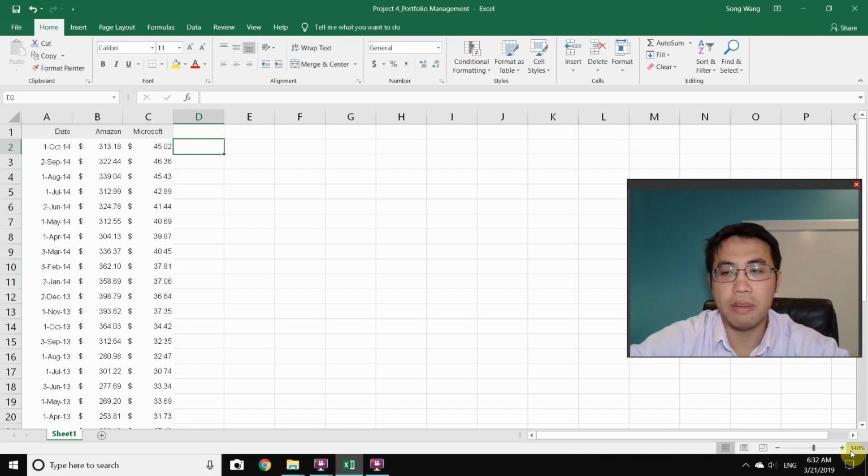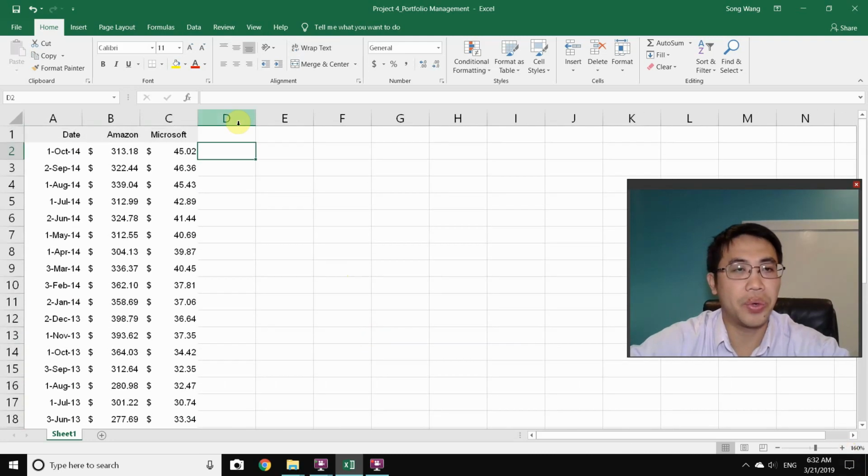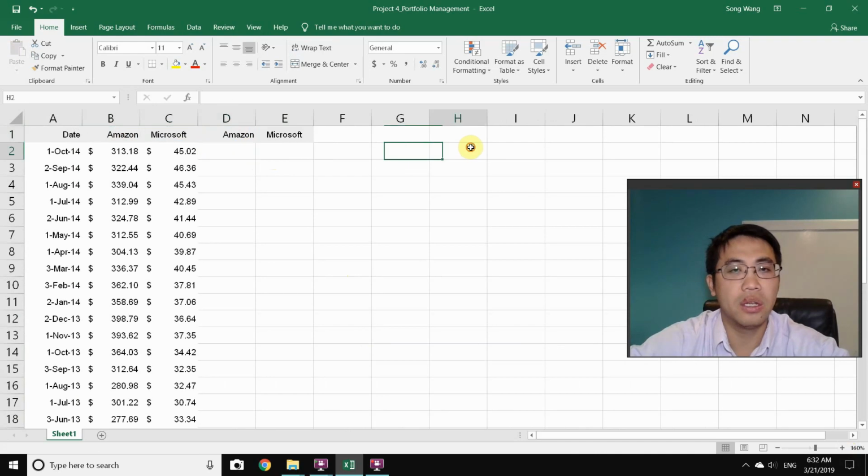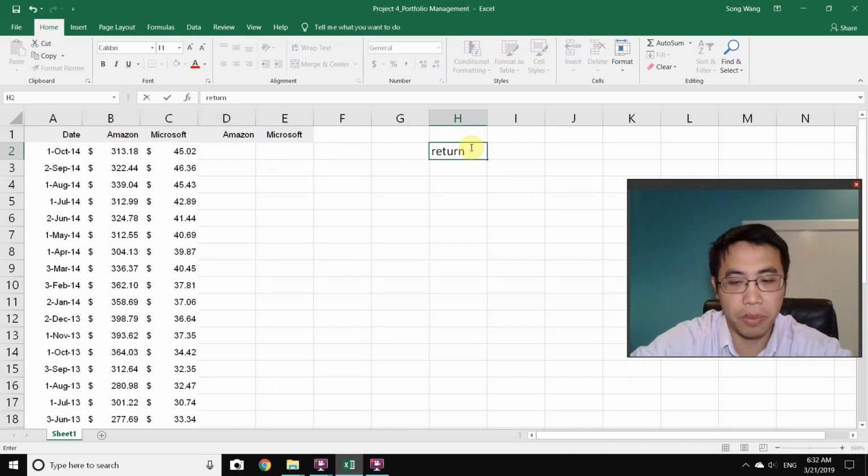All right, so step number one, let's generate the returns. I want you guys to just copy the title and then paste it next to it. So then you need to calculate the returns. The return is actually pretty easy to calculate. You're going to use the new price minus the old price, and then divided by the old price. So don't forget to use the parentheses.